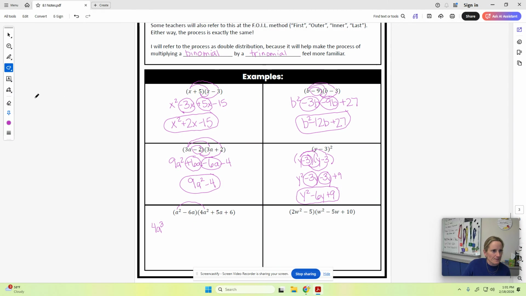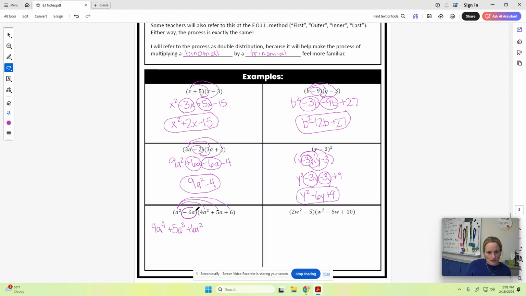Let's erase that. Adding those exponents, so 2 plus 2 is 4. Now it's a squared times 5a, so 5a cubed, and then a squared times 6, so plus 6a squared.